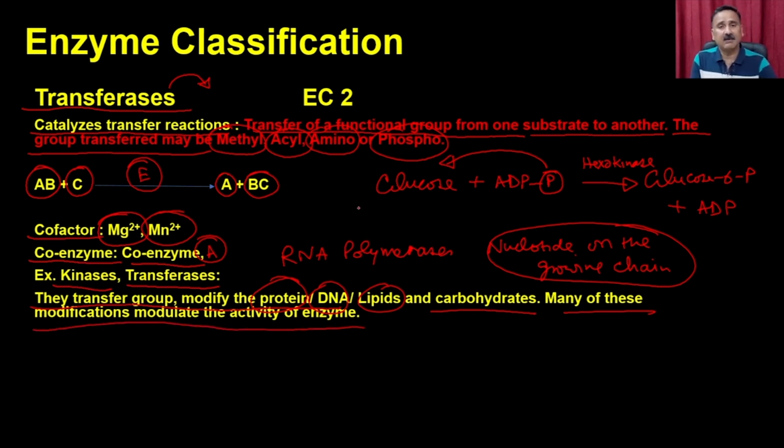So transferases are a very big group, and within them we have different types of enzymes which transfer groups onto proteins, DNA, lipids, or carbohydrates, and by doing so they change the properties of these molecules. For example, when enzymes get phosphorylated, their catalytic activity changes.